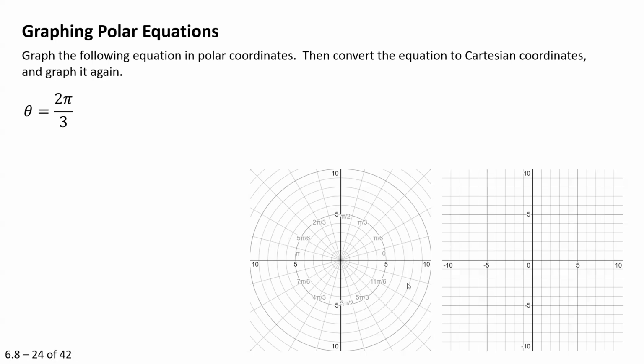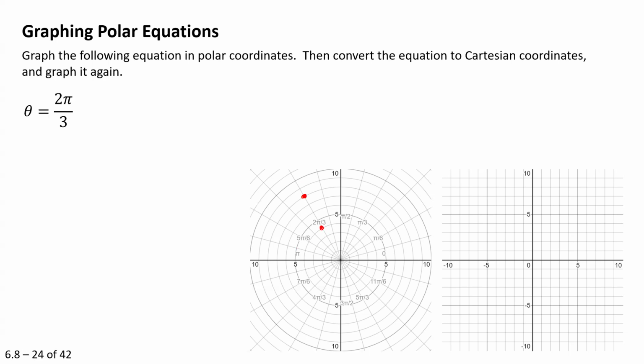Theta is equal to 2 pi over 3. And notice, take a look at this coordinate system here. What would theta equals 2 pi over 3 look like? Is this point on theta equals 2 pi over 3? Yes.